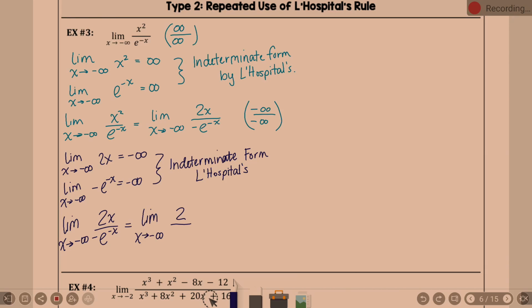Derivative of negative e to the negative x is basically negative e to the negative x times another negative, which is going to make it positive e to the negative x. I did do another negative 1, but that multiplied by my negative out front. So negative times negative makes it positive. Okay, so if I plug in, I got 2 on top. E to the negative of negative infinity.